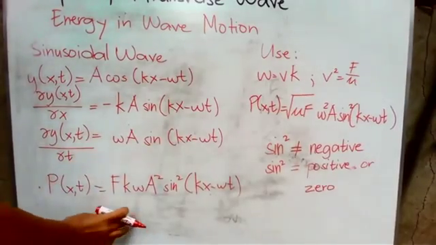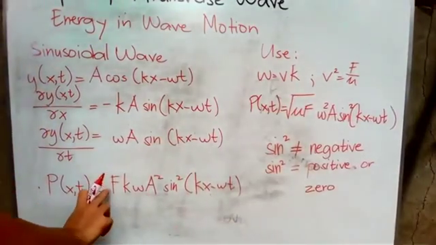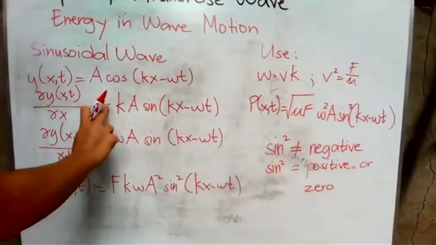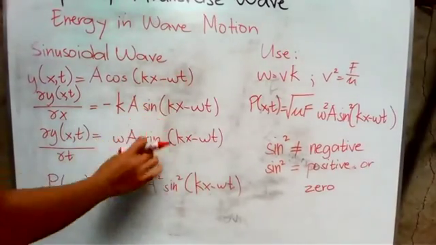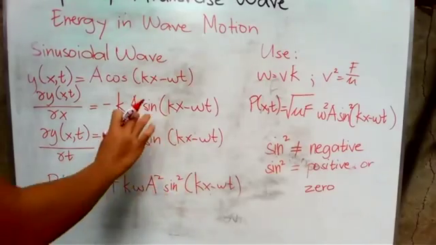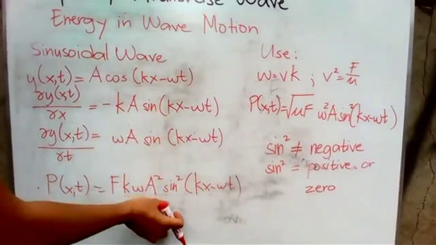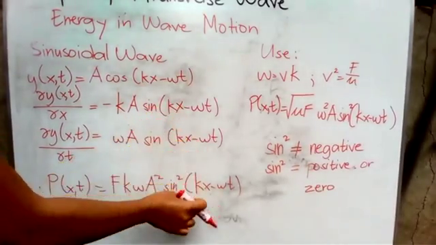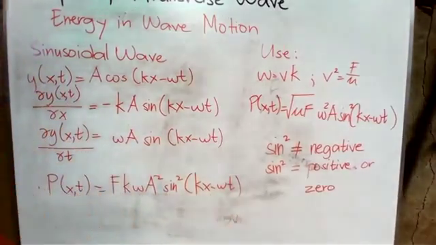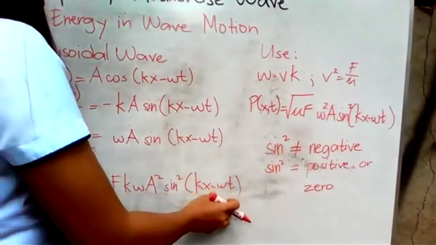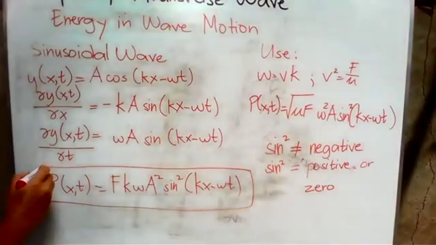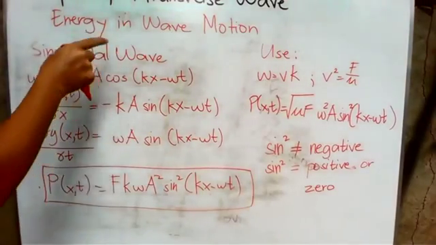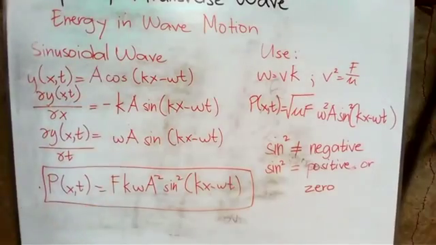So putting together, we have negative F times negative k, so we have positive F, and then k omega, a times a, so we have a squared, sine squared of kx minus omega t. So this will be the power for a sinusoidal wave.